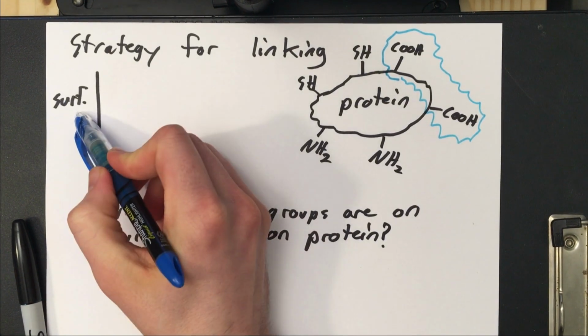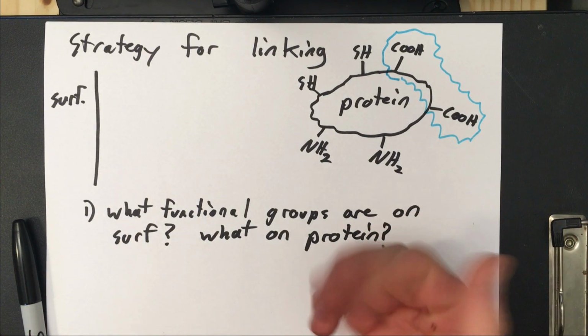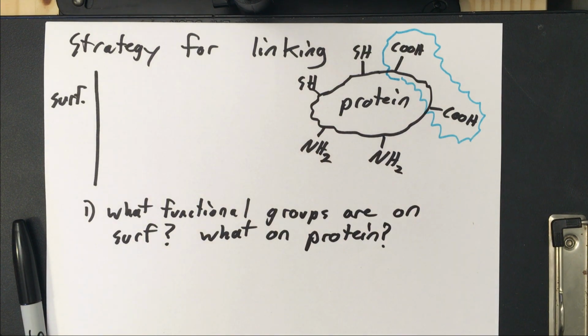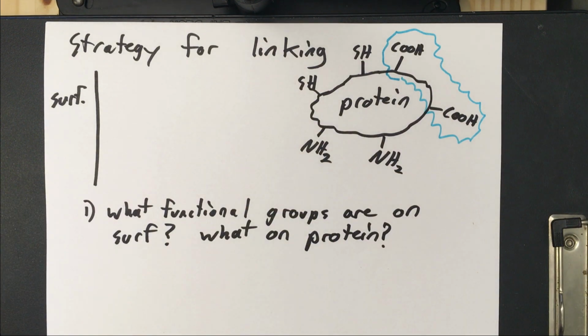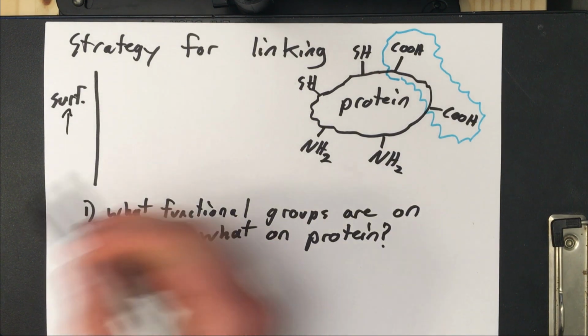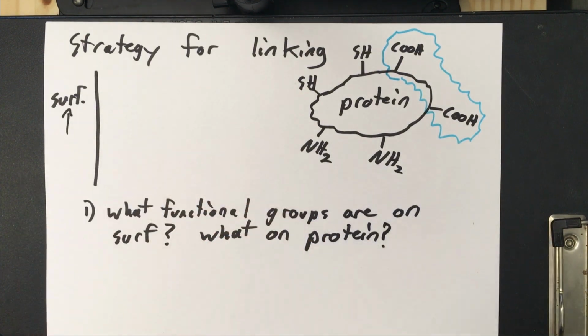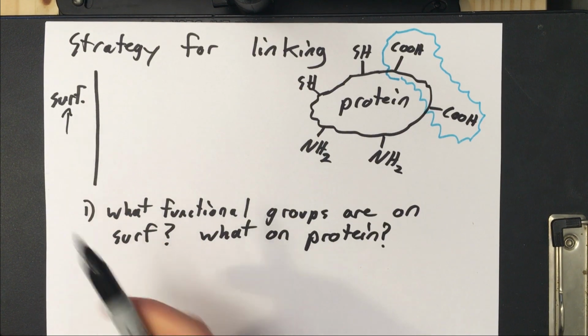Another thing we might want to consider is what type of surface we are trying to bond this protein to, right? We've talked about a lot of biomaterials, both synthetic polymers as well as quote unquote natural polymers. Oftentimes these surfaces might have lots of functional groups too. We'll talk in more detail later about what types of functional groups could exist on the surface.